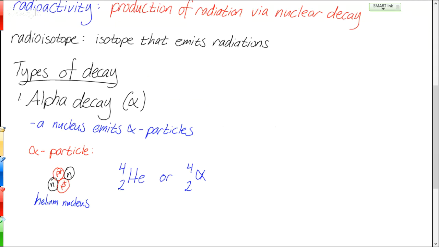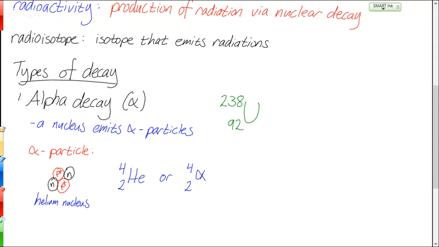Let's take uranium-238. We've got uranium, which has an atomic number of 92, and we're specifically looking at one isotope, 238. The first thing to remember is that decay is kind of like a decomposition reaction, which means it's not things coming together, it's things falling apart.